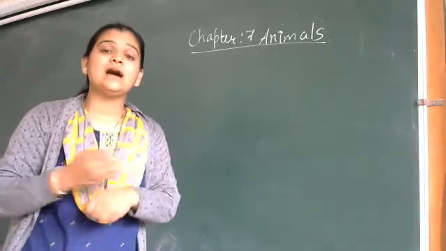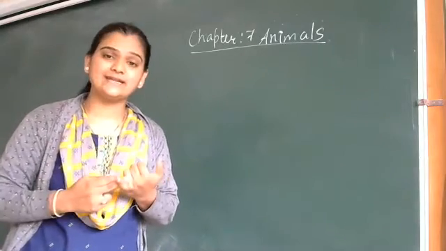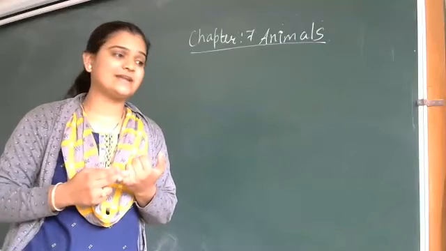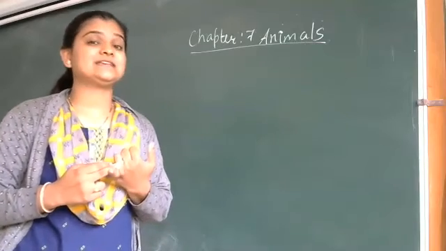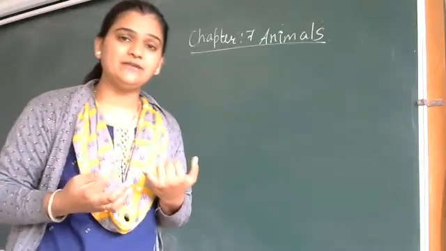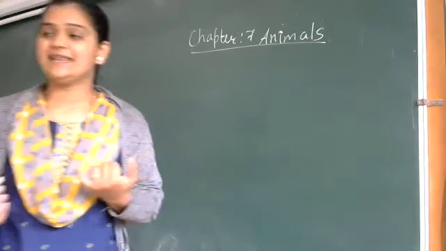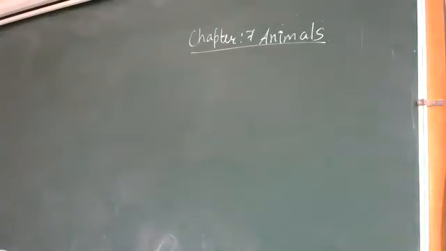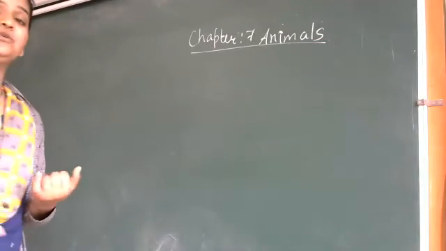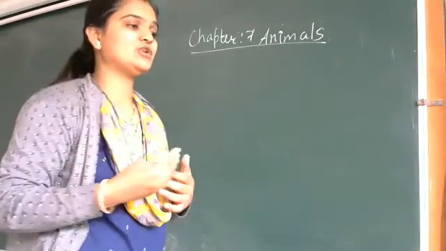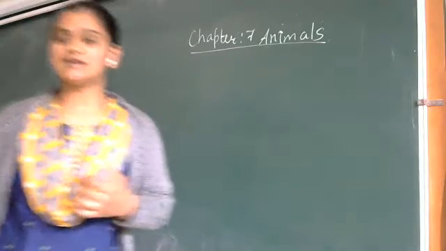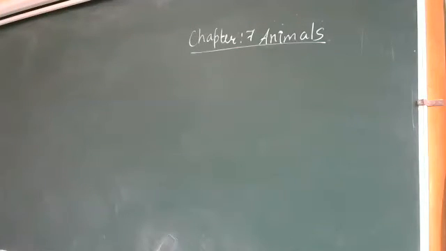Due to their skin, how is it helpful? It is protecting. Yes, it is protection from the environment. Next, it helps them adjust to the environment. Yes or no? So here, the first one, please see page number 61.